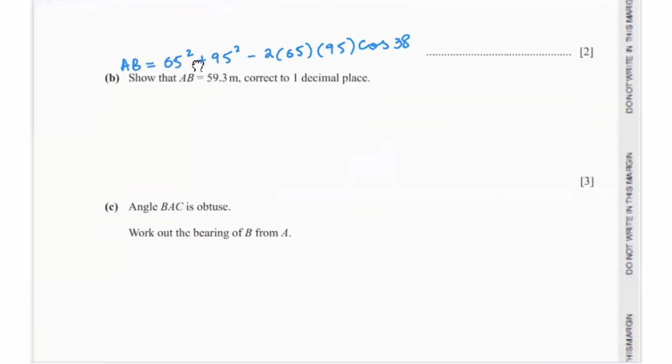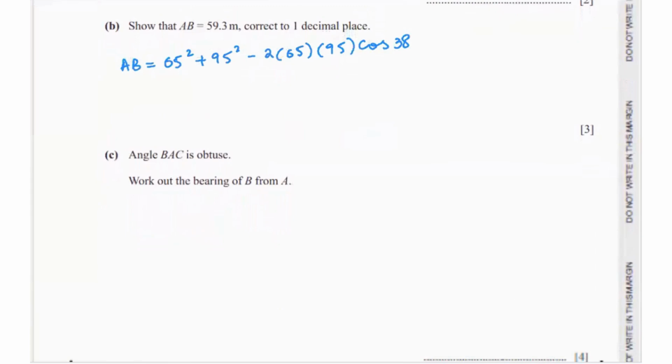So if you bring this down over here, AB squared is going to be 13,250 minus, you find the product of this entire thing in one go. So 2 times 65 times 95 times cos of 38.